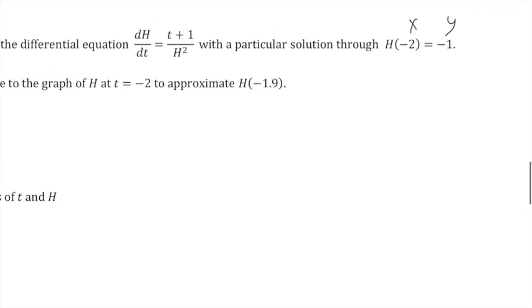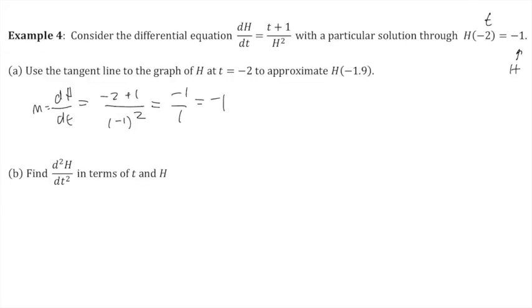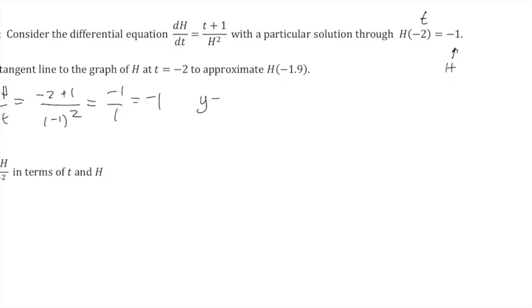Or I guess this would be t, and this would be like this h. So my slope is -1. And then we're going to get y minus -1 equals -1 times (x minus -2). So this is going to be -x. So this will be +2, but we are distributing a -1, so it turns back negative.